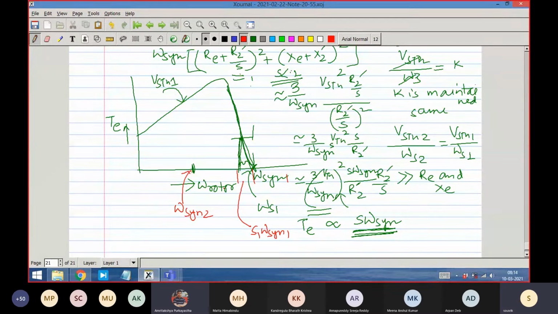The same expression is approximately valid. You are supplying the voltage, which is equal to Is into R1, the stator resistance, plus j Is into X1, plus E, the induced voltage. We know that this R1 is very small.